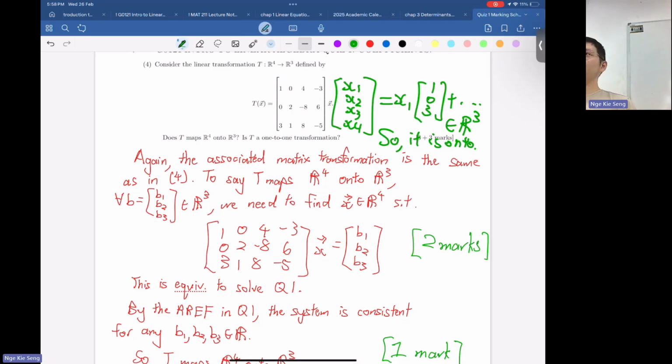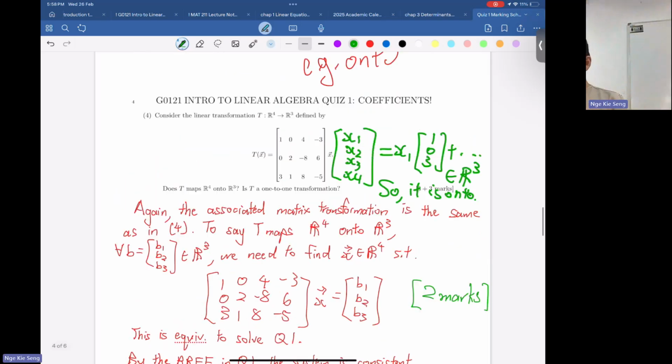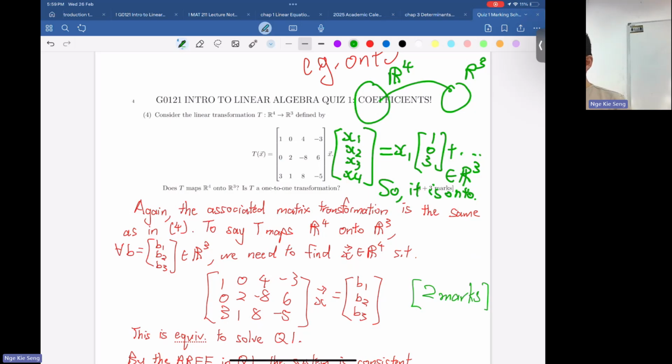Wrong. Not like that. This just says that it maps into R3. Here you've got R4, and here R3. It just says that you map into, you are not onto.